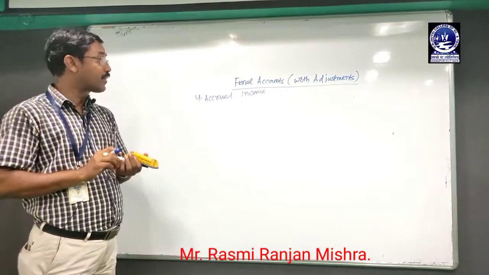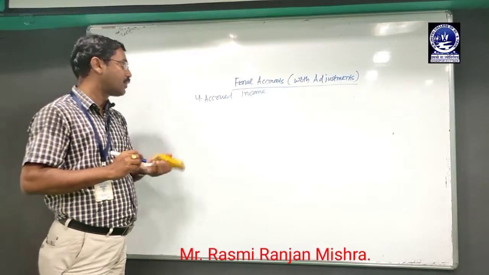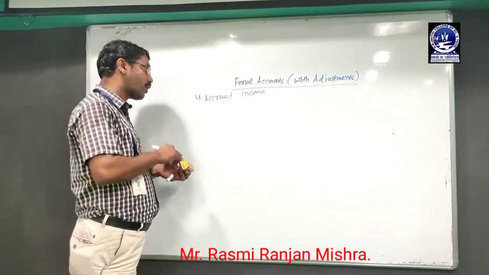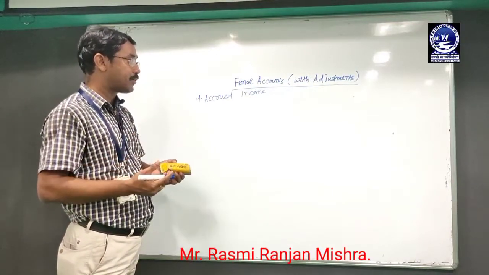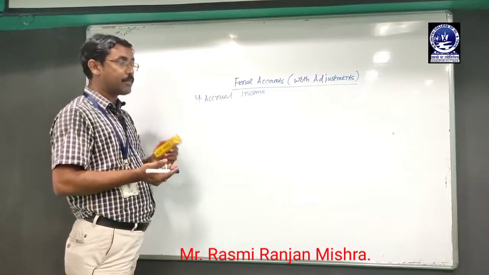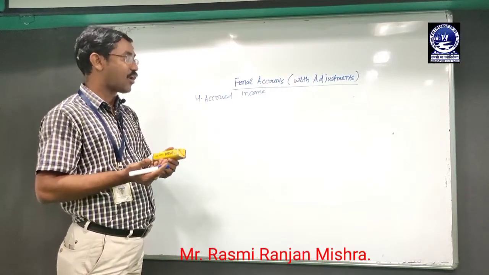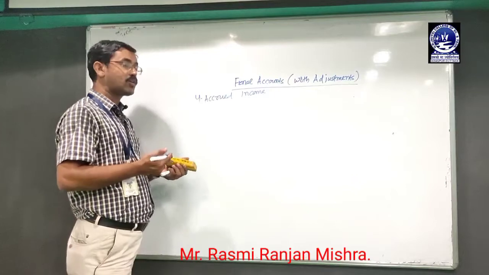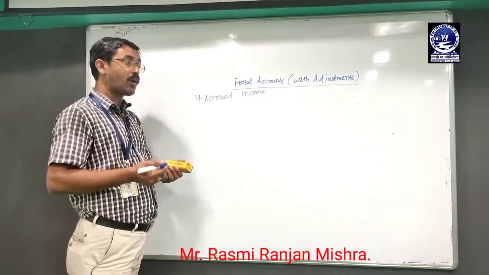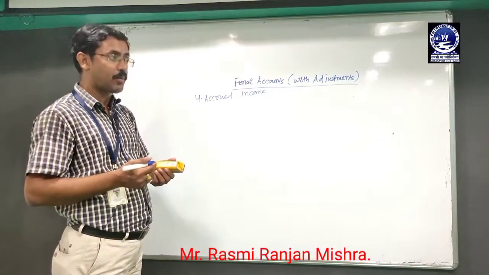So we must be clear about that. What do you mean by accrued income? Accrued income means income earned or made but not received. So that means income already made during that period but the business has not received it till now. That is called accrued income. Being an income that is made but not received, it is one type of asset for the business.